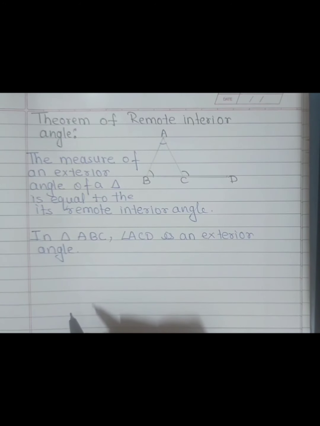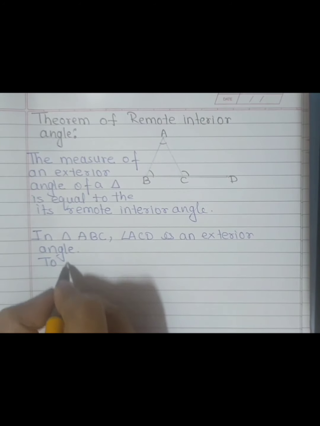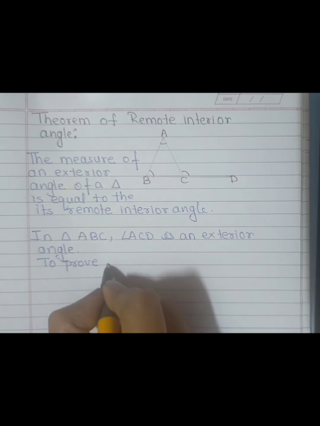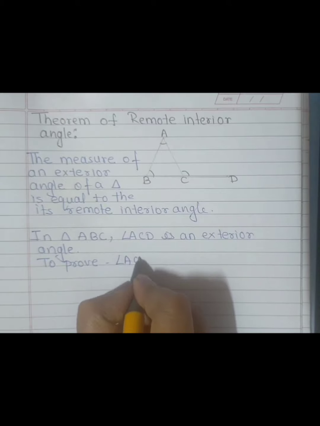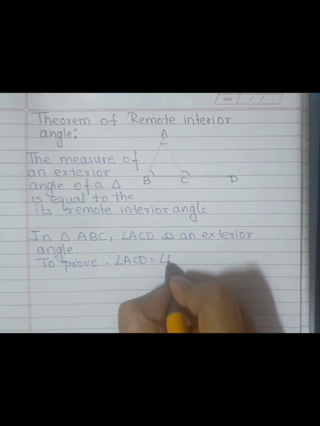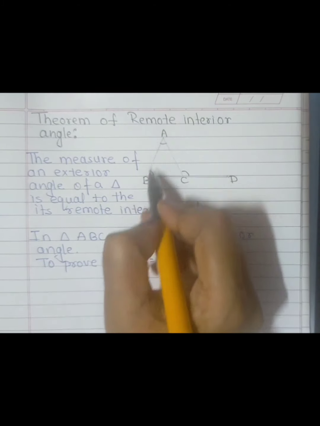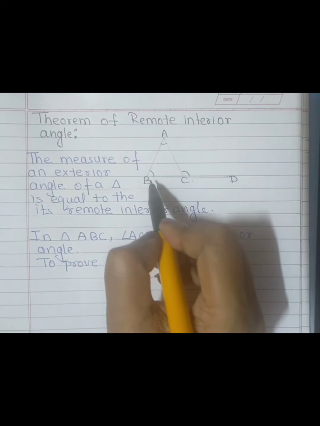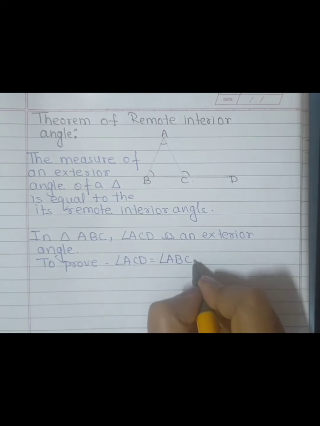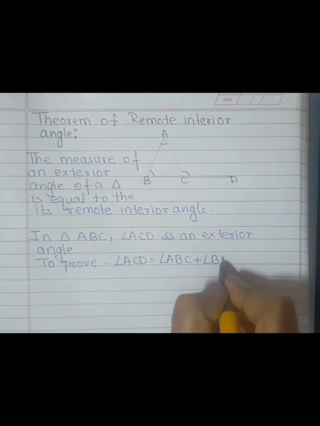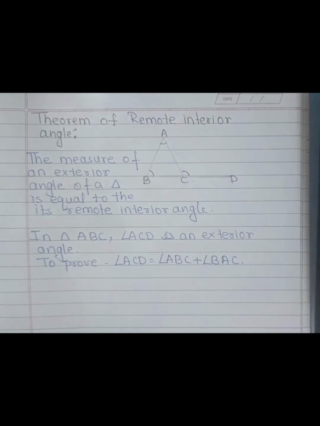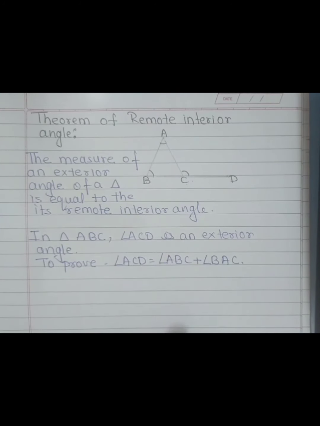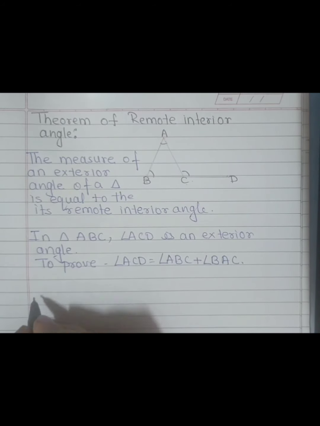Okay, now here we have to prove angle ACD is equal to angle ABC plus angle BAC. Okay, in this theorem we have to prove the measure of an exterior angle of a triangle is equal to the remote interior angles. So I am writing here.